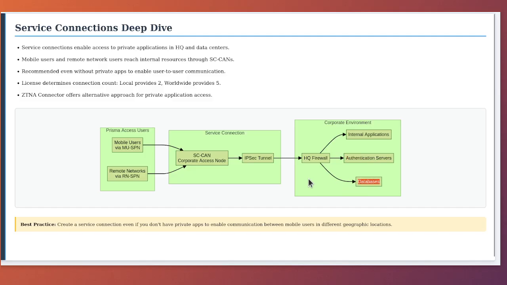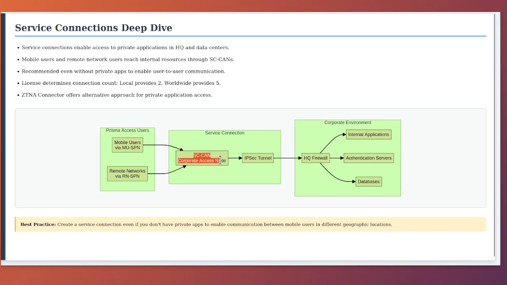Your corporate HQ or data center hosts internal applications and resources. The HQ firewall or router establishes an IPsec tunnel to the service connection corporate access node within Prisma Access. Once this tunnel is established, internal applications become accessible. Mobile users access these applications through the MU-SPN, which routes traffic to the SC-CAN.